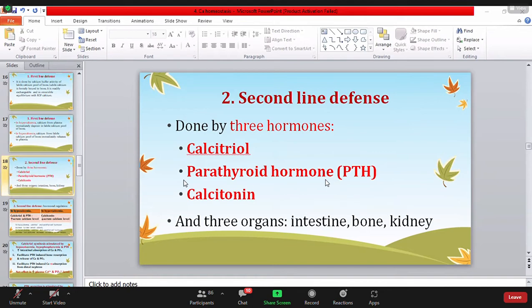Calcitriol is the active form of vitamin D. The other name of calcitriol is 1,25-dihydroxycholecalciferol. And these 3 hormones act on 3 organs. What are they? Intestine, bones, and kidney. So the second line of defense is done by 3 hormones and 3 organs. The 3 hormones are calcitriol, parathyroid hormone, and calcitonin, and the 3 organs are intestine, bones, and kidney.